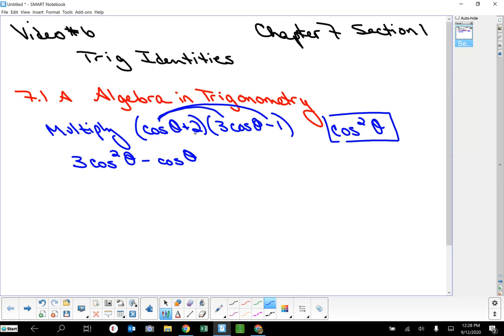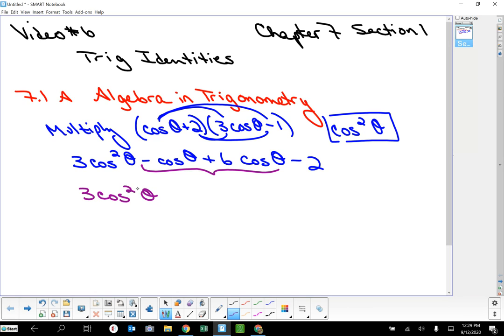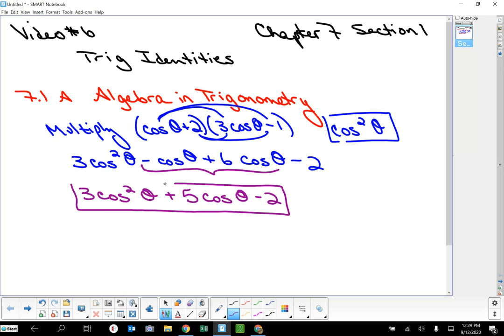Then we multiply these two together, and that gives us a 6 cosine theta, and then a negative 2. So again, just learning how to combine like terms and multiply these things out. Now these two terms are like terms. So we have 3 cosine squared theta, and then 6 minus 1 is a plus 5 cosine theta, minus 2. And that would be the answer to that thing foiled out.